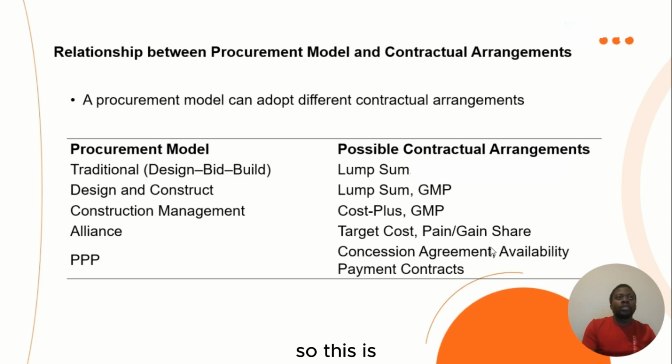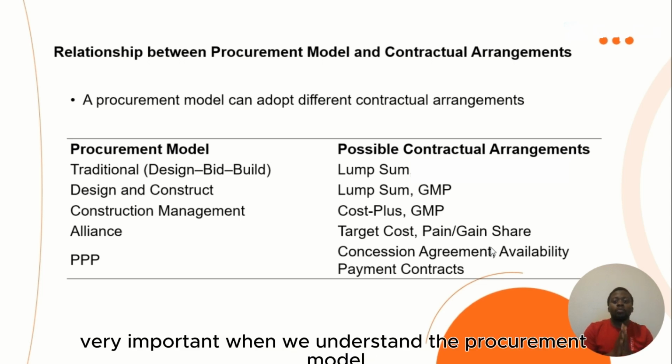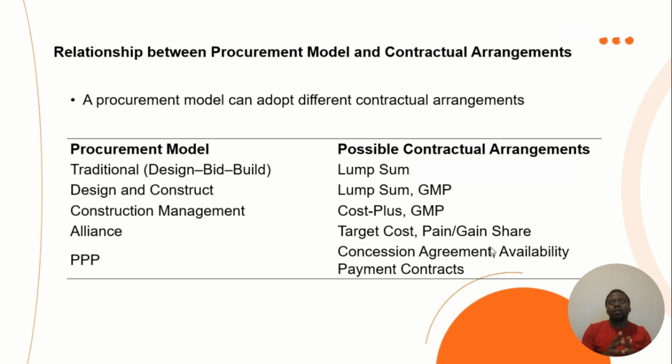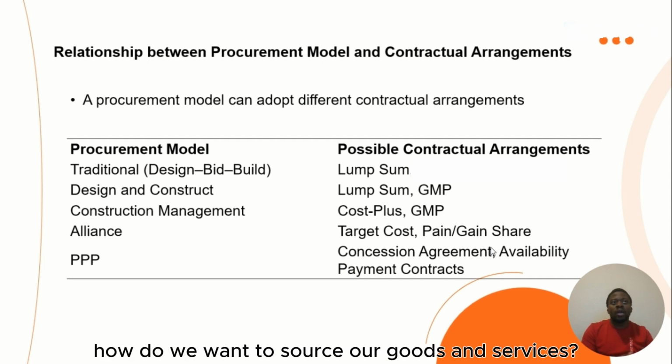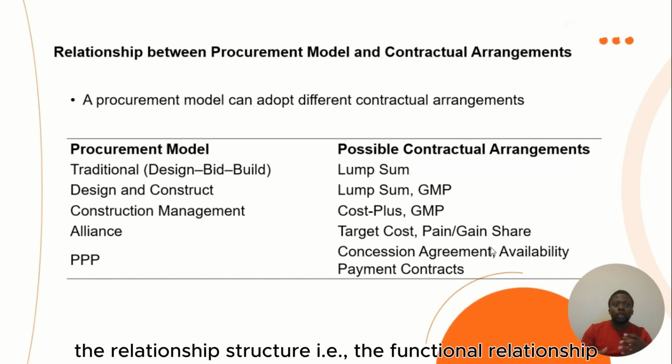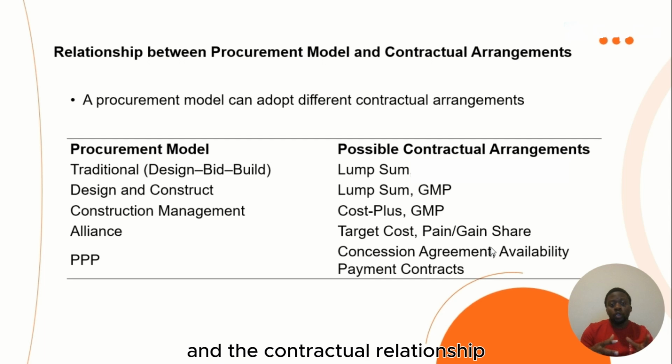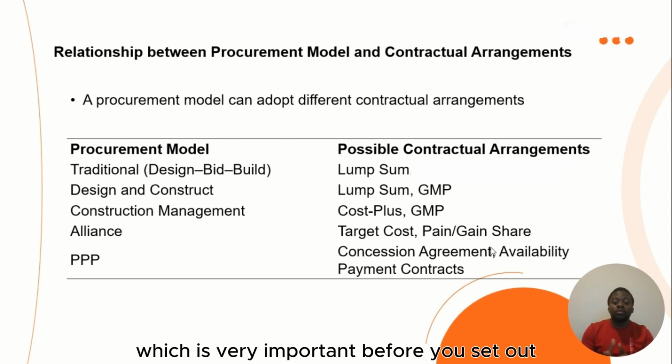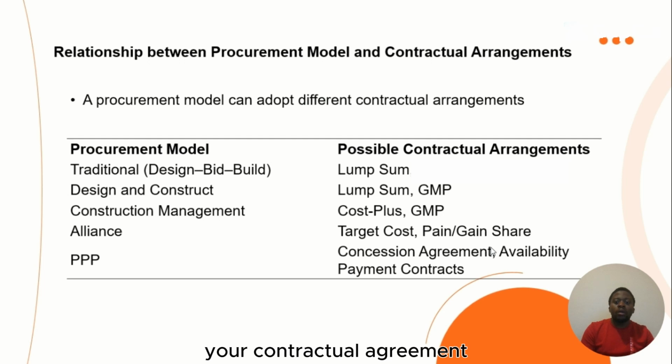This is very important when we understand the procurement model, the kind of procurement, how we want to source our goods and services, how we want to relate, the relationship structure, the functional relationship, and the contractual relationship, which is very important before you set out your contractual agreement.